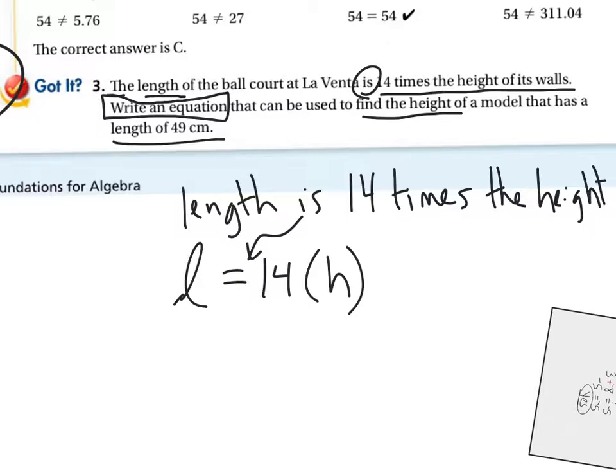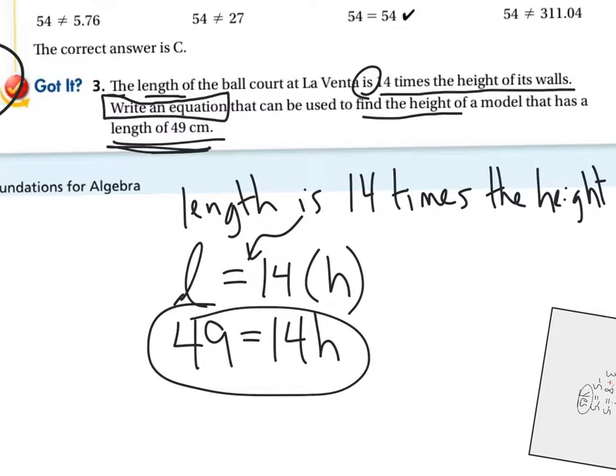L is the length, H is the height. And then it says here though the length of 49 centimeters. So if the length is 49, we'll put a 49 in place of L. And then that's my equation. That's all I have to do because it just says write an equation. If we solved it, they're multiplying, so we could divide by 14 and we would get 3.5 centimeters.